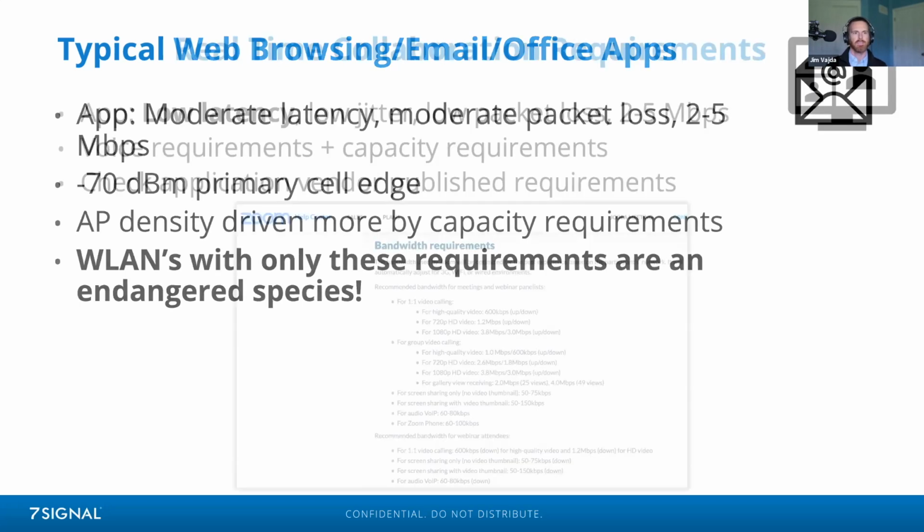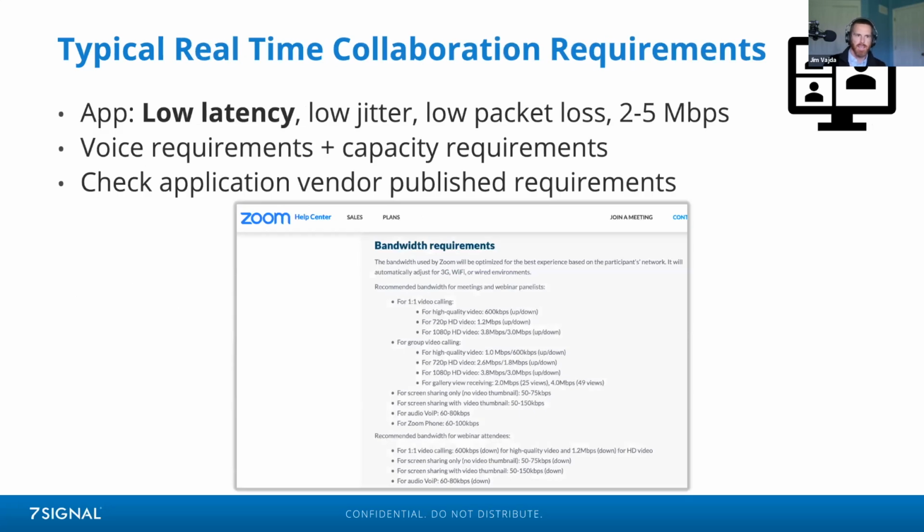We get more into the things that we're supporting today, like real-time collaboration apps. Think of Zoom and Teams, GoToWebinar, GoToMeeting, those sort of things where now we're doing real-time voice and video, and we want to achieve the lowest latency that we can.